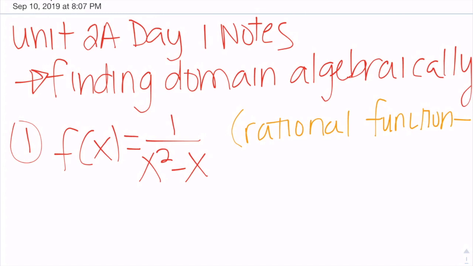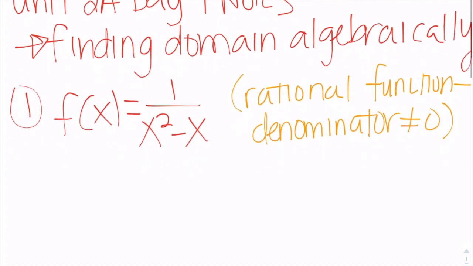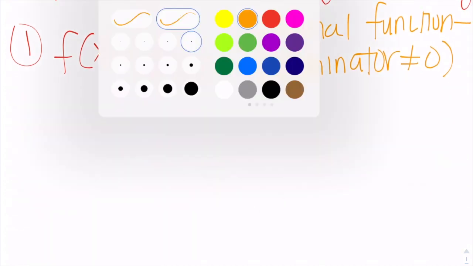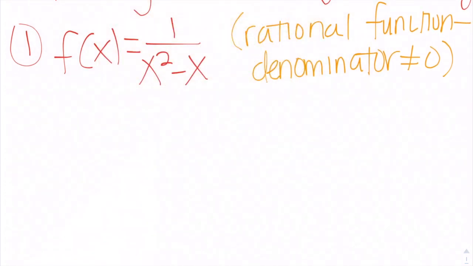And we cannot divide by the number 0, so the denominator cannot equal 0. So we're going to use that information to solve for our domain here.